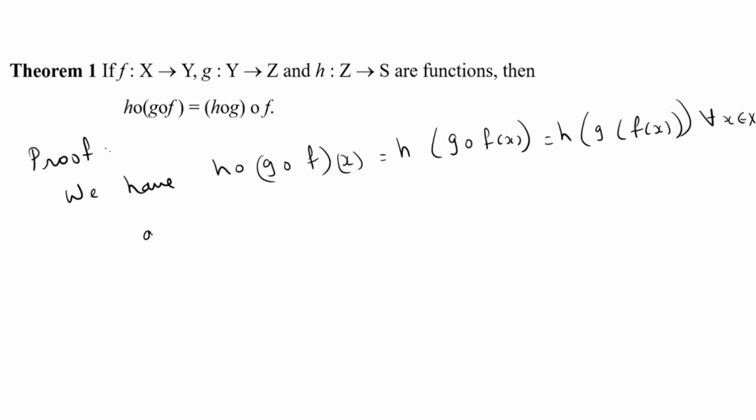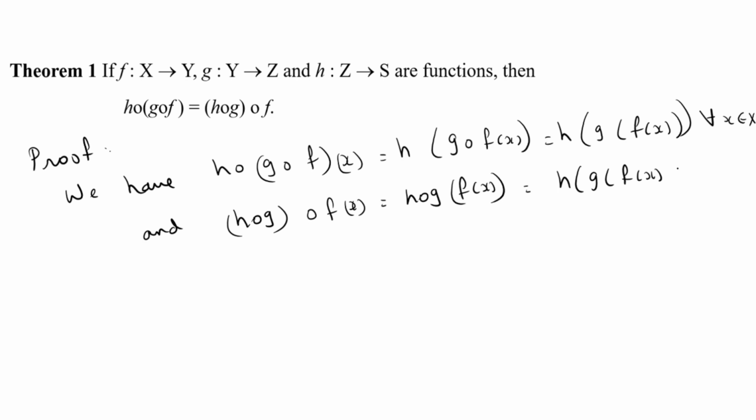And h of g of f of x is equal to h of g of f of x. This is equal to h of g of f of x for all x belongs to x.